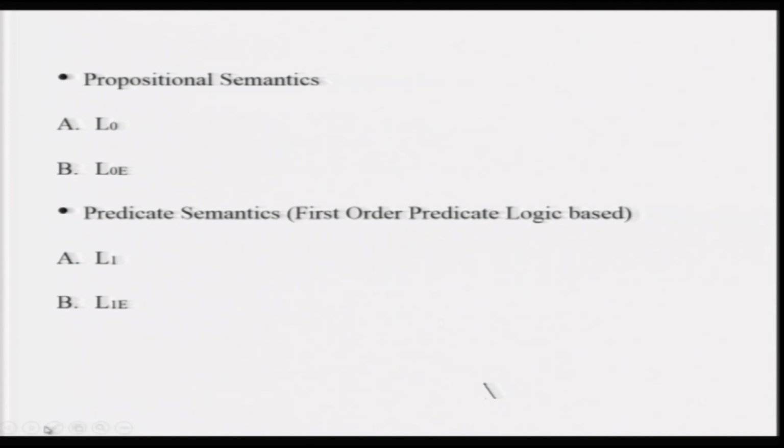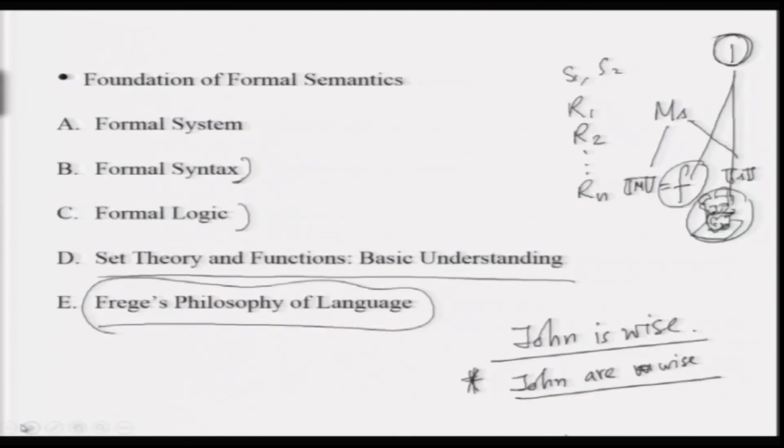After having done the foundational things, I think there would be something like 6 sessions on the foundational things. After having covered them, we will go to the real, central part of it, propositional semantics. Also, we have to do formal logic.